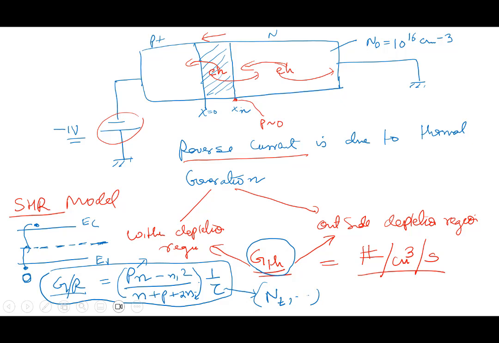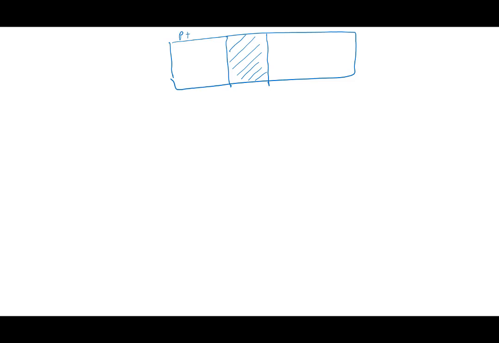So, let's come back again here. We are talking about recombination in the depletion region and outside. We are talking about this equation, G equal to (np minus ni square) over (n plus p plus 2ni) over tau.